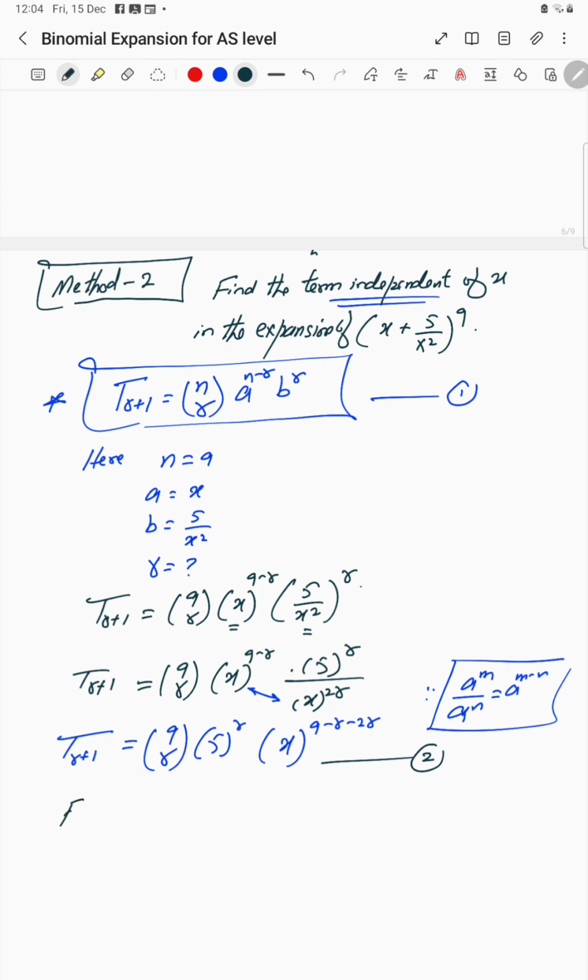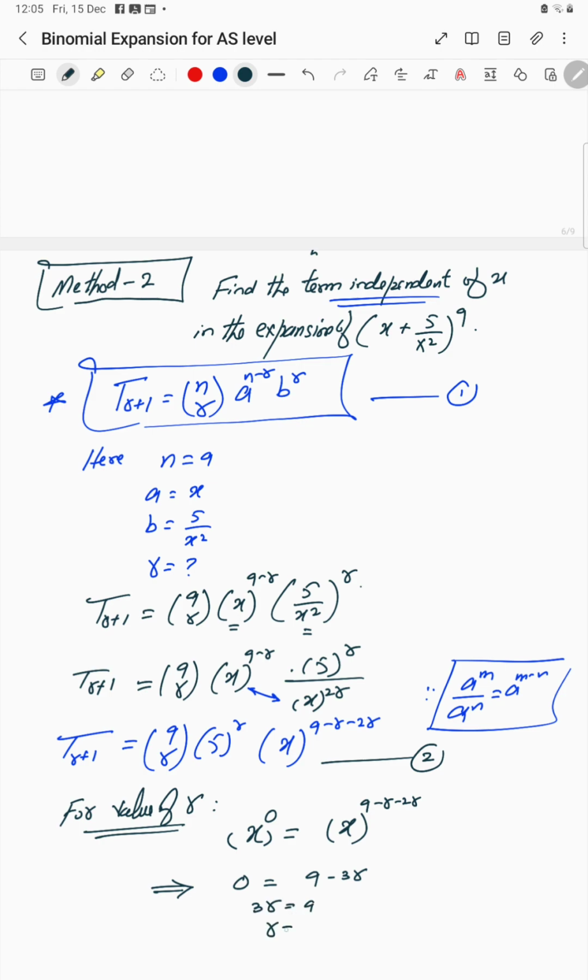So, for the value of r, as we are interested to find a term independent of x, meaning x raised to power 0, and here in equation 2 we have x raised to power 9 minus r minus 2r, so both sides we have the same base. So 0 is equal to 9 minus, I can write 3r. So 3r will be 9. So r will be 3. So the value of r will be 3.